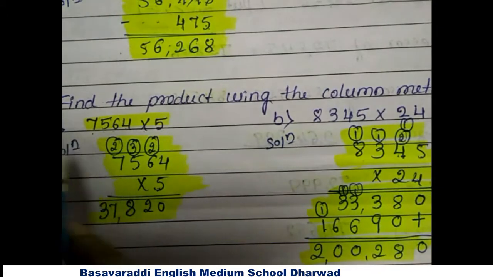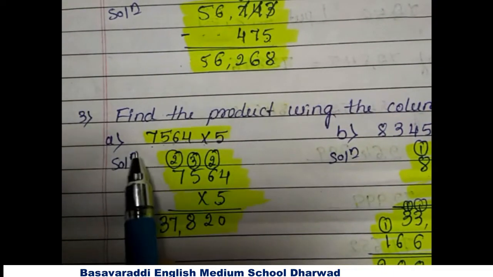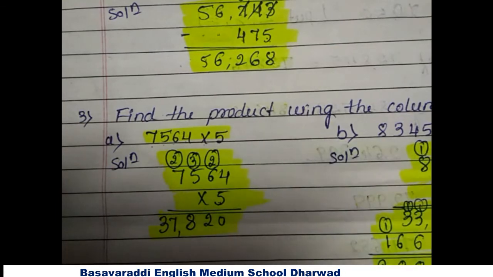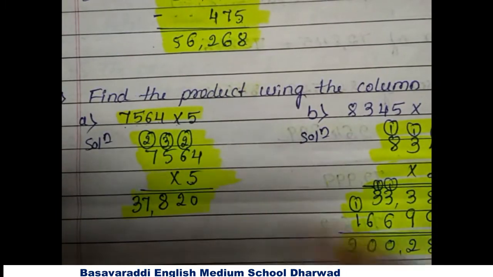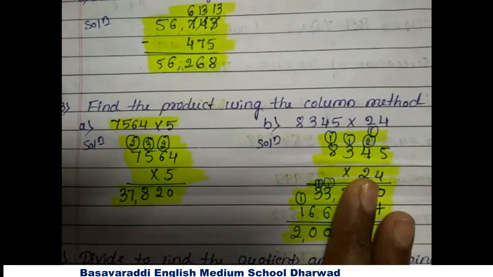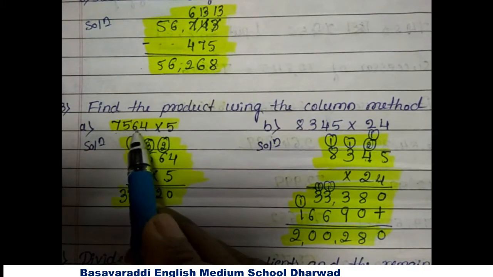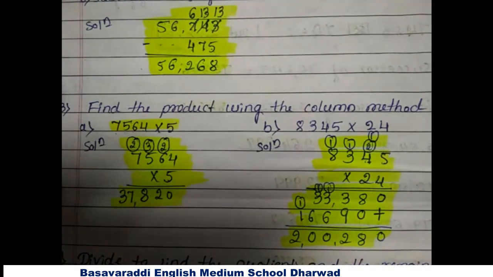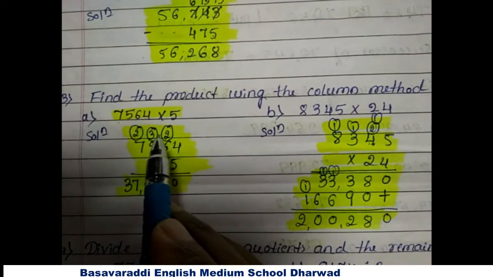The next question, the multiplications. The third question, find the product using the column method. The first one, 7,564 into 5. Yes, what is multiplication?